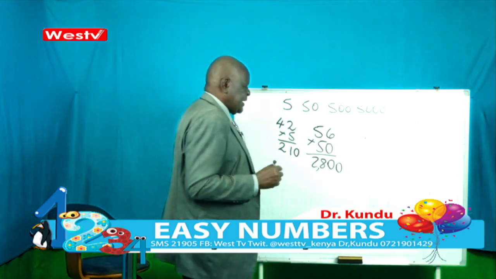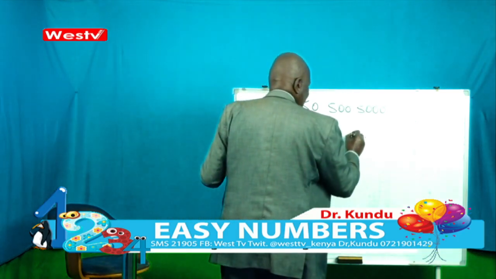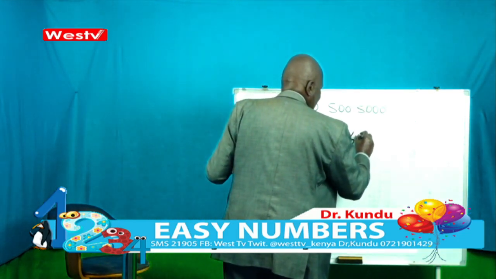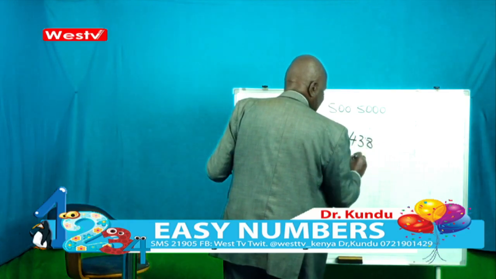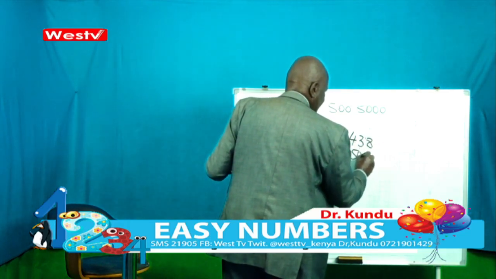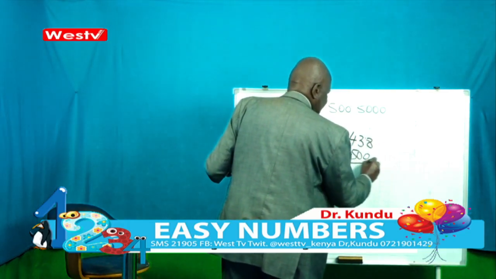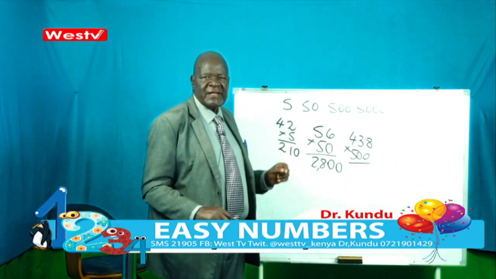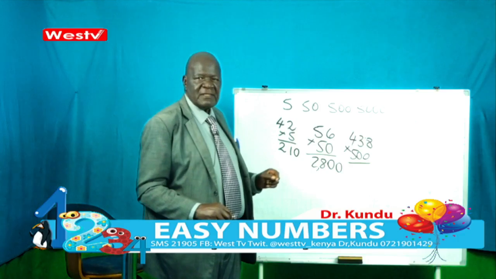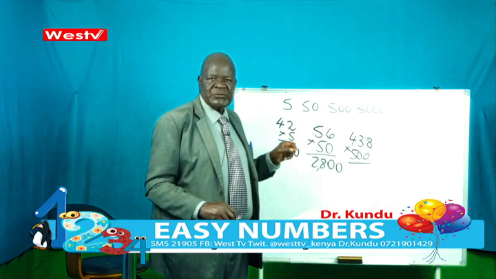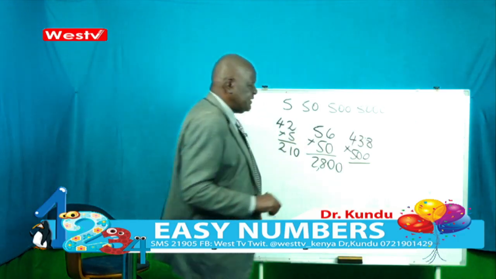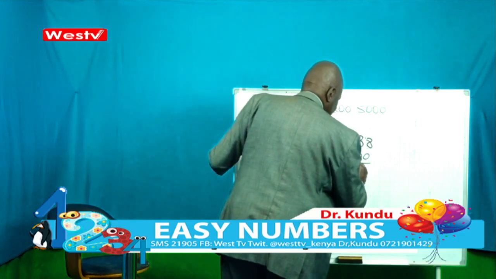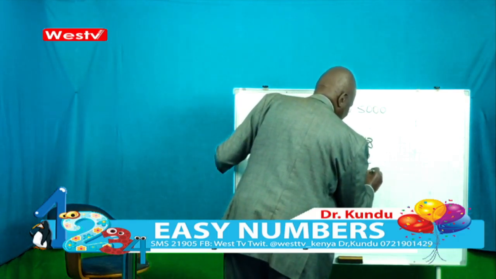And you can continue. If you have 438 times 500, this problem should not bother you at all. 438. Half of this number should be 219.